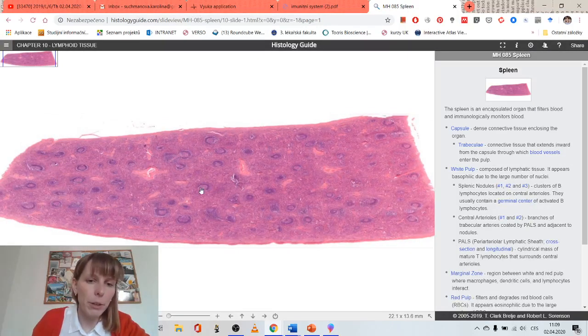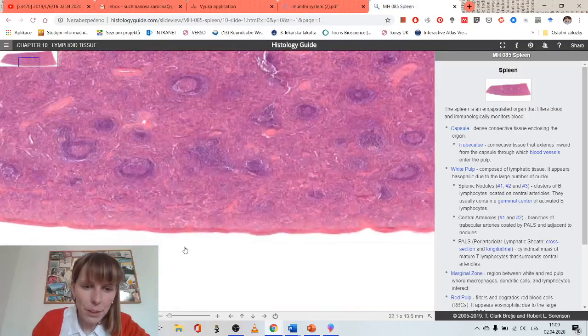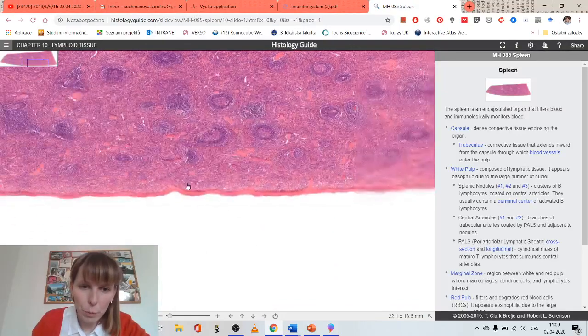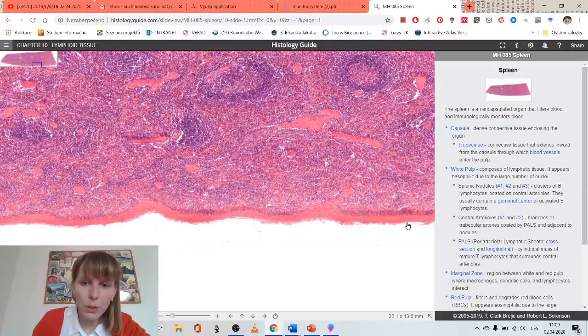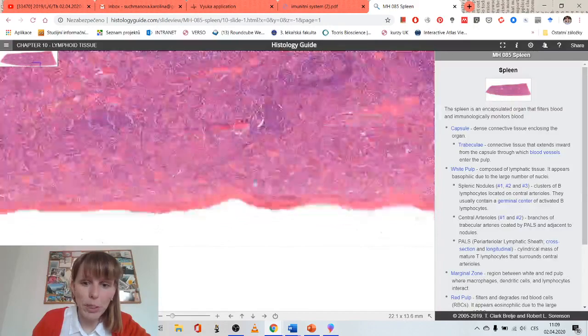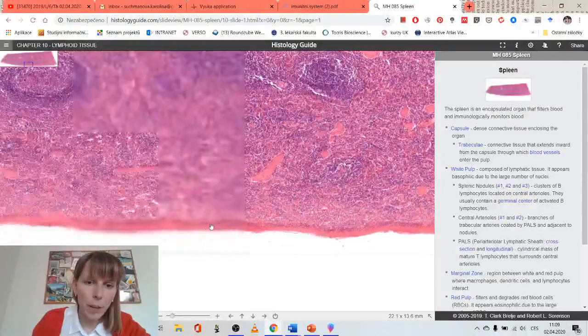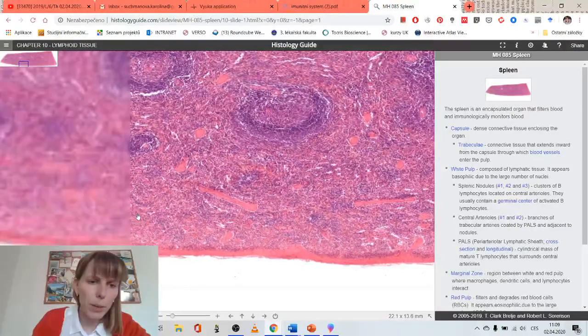So it's everywhere quite the same, and you have follicles, white pulp and red pulp around them. So if we zoom in, on the surface you see dense irregular connective tissue forming the capsule, and from the capsule you have trabecules.